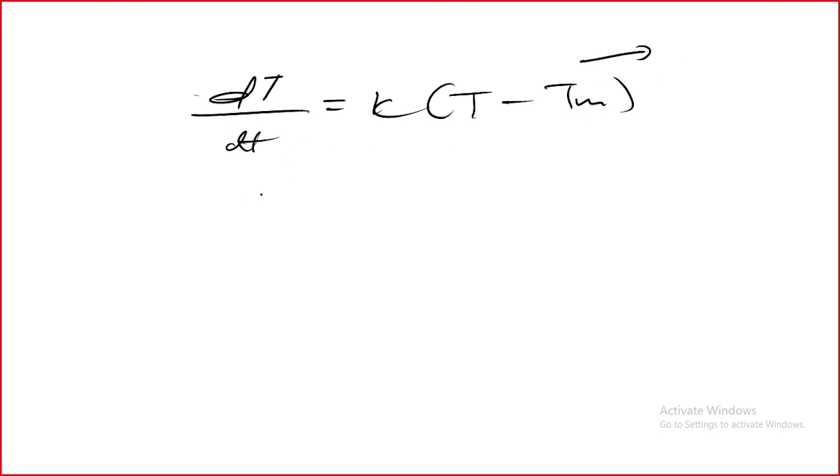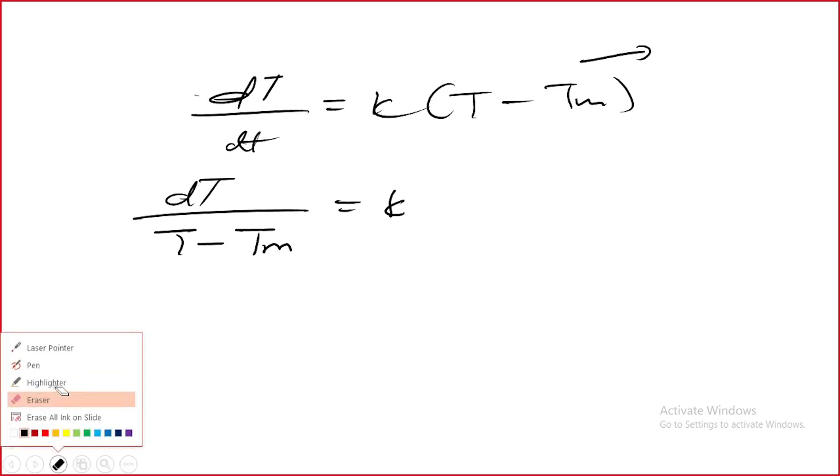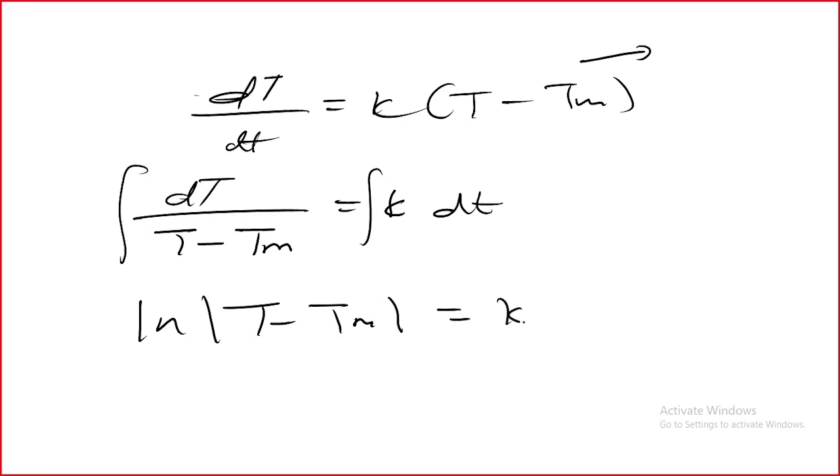To solve this by separation of variables, you have dT over T minus Tm equals k dt, and then you integrate both sides. You end up with ln of T minus Tm equals kt plus c.